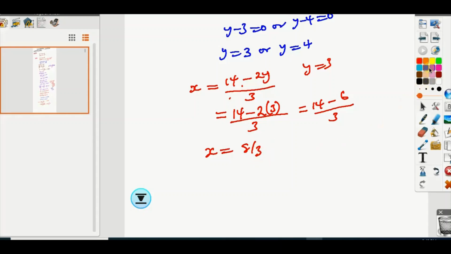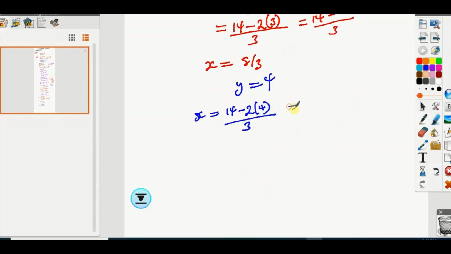Now, when y equals 4, right? Our x will be equal to 14 minus 2 times 4 over 3, right? So here we have 14 minus 2 times 4 to give you 8, over 3.